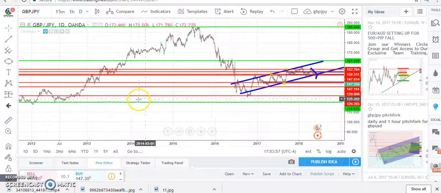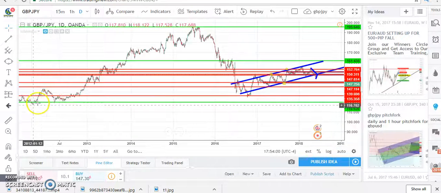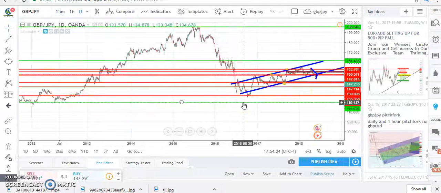It can't go any further than maybe here, because this is where the bottom is for this market. It has never gotten lower than this green line. So we're waiting for a potential break of this lower trend line to come back down to at least match this low, or maybe even to match the ultimate low of GBPJPY.